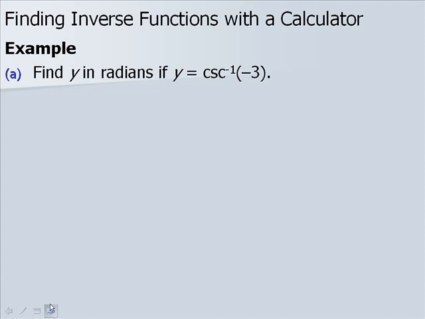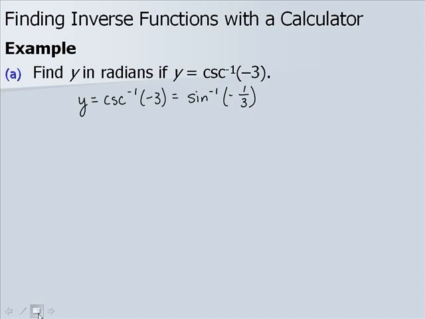Let's look at some more examples on our calculator. We want to find y in radians if y is equal to the cosecant inverse of -3. So we have y equals cosecant inverse of -3 is equivalent to the sine inverse of -1/3.